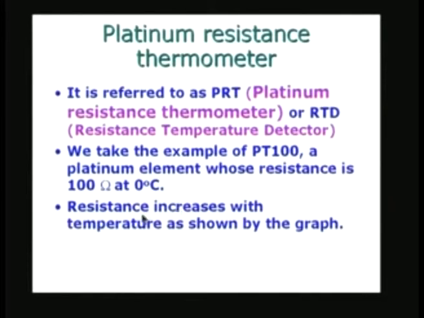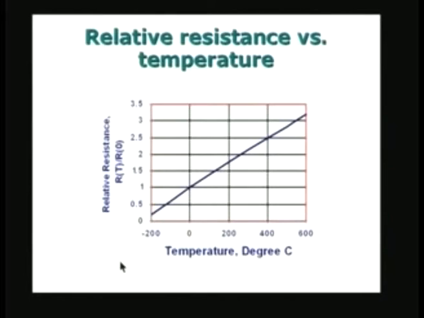We also know, as we explained in the earlier case, that resistance increases with temperature, and this is shown graphically in the next graph. The terminology I have used here is the relative resistance. Relative resistance is nothing but the resistance at temperature T divided by the resistance at 0 degrees Celsius. You can see that the relative resistance is equal to 1 at 0 degrees, because that is the reference anyway.